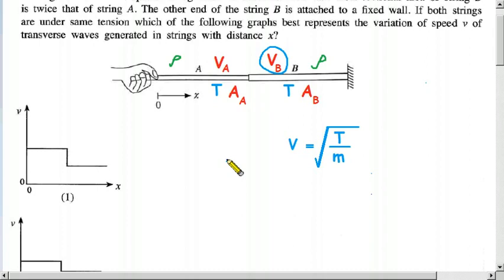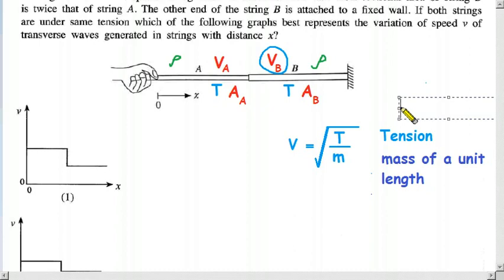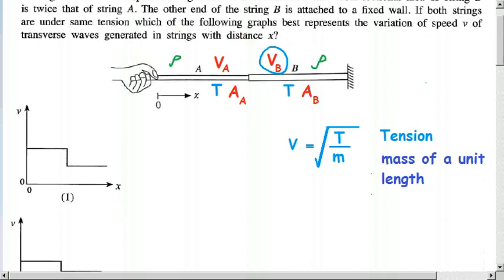Then recall the symbols: capital T is the tension, and small m is the mass per unit length, not the total mass, remember.